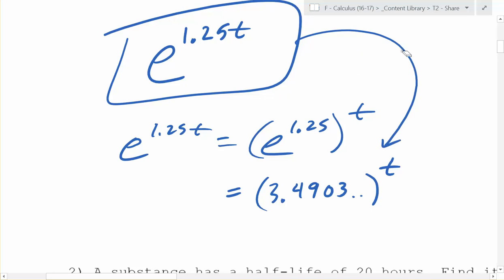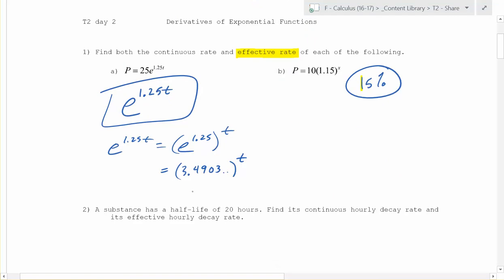Okay. So what do you think the effective interest rate is here? Be really careful. What do you think the effective interest rate is? 249%. Yes, that would be the effective interest rate. You agree so far? Well, how did you get that? Where'd the 2 come from?